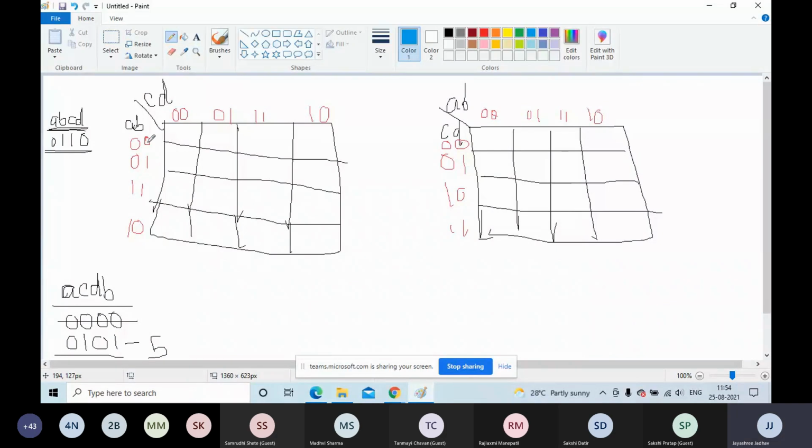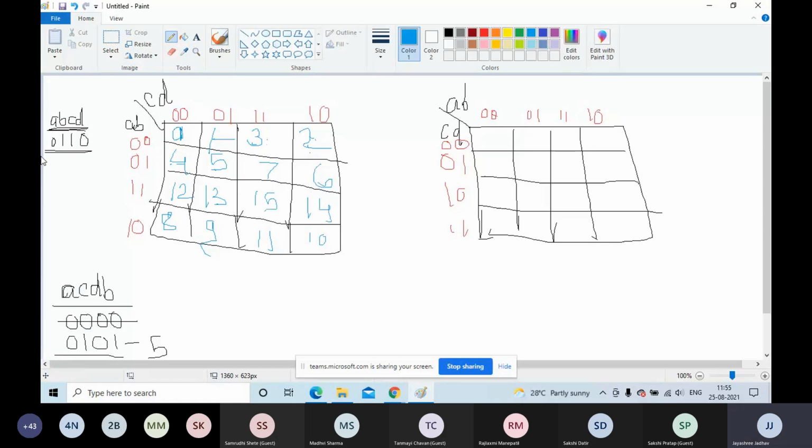0, 0, 0, 0, what is its decimal? 0. Correct? For 0, 0, 0, 1 the decimal is 1. So 1, 2, 3, 4, 5, 6, 7, 8, 9, 10, 11, 12, 13, 14, 15.